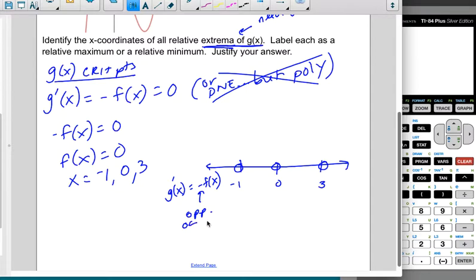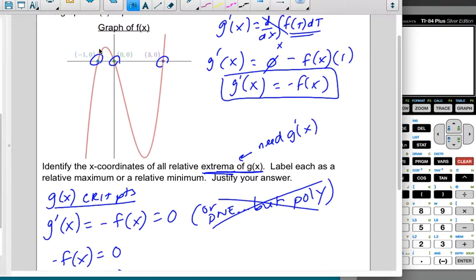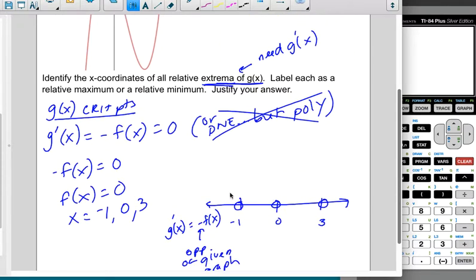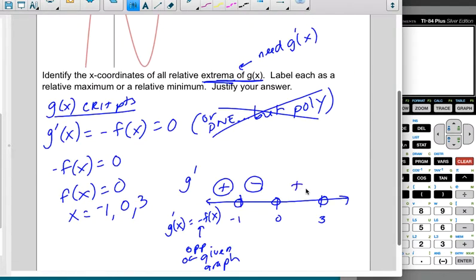Anywhere that the given graph is positive, that means that g prime is negative. So see how f was negative first, well, negative times a negative would be a g prime that's positive. So g prime is positive. Then when f is positive, g prime is negative. And then from 0 to 3, you can see that f is negative, which means that g prime is positive. And then from 3 onward, we can see that f is positive, which means g prime is negative.